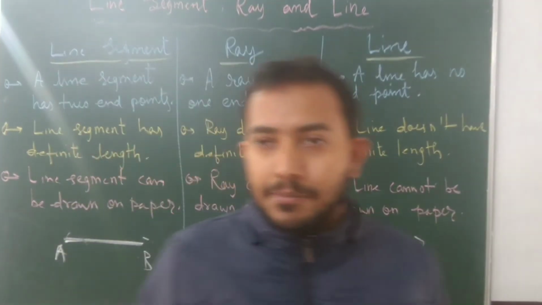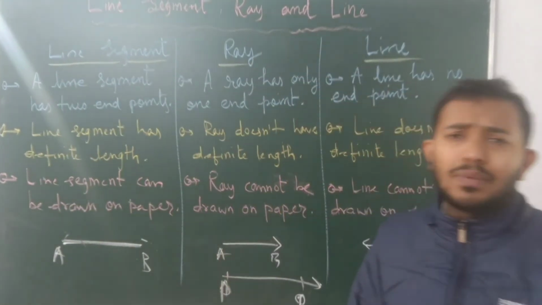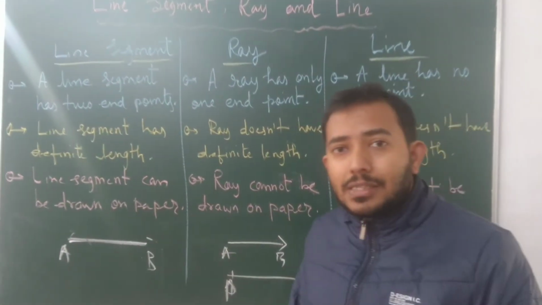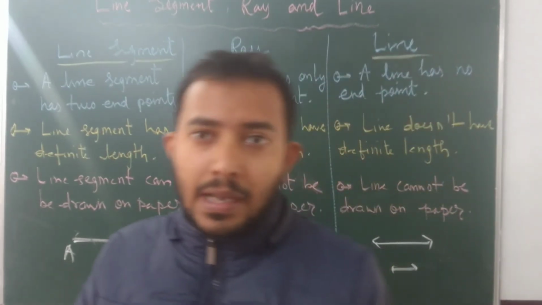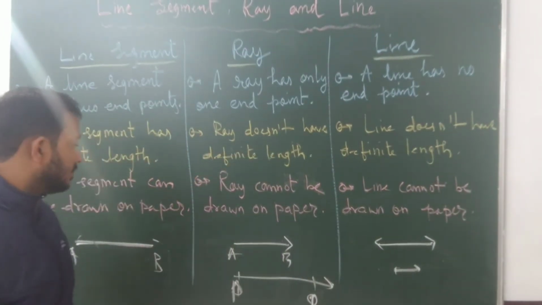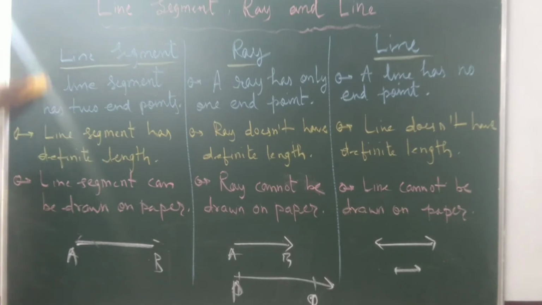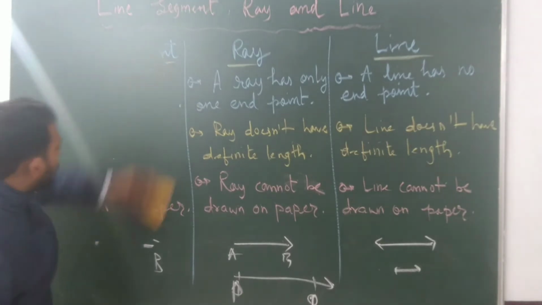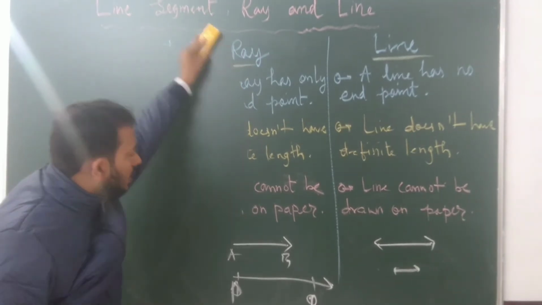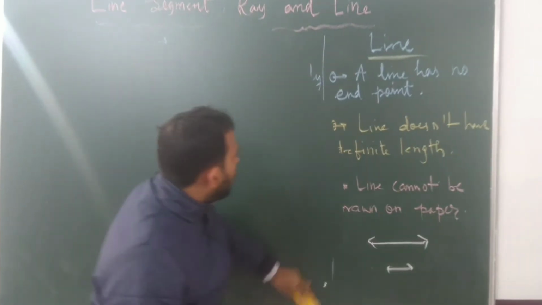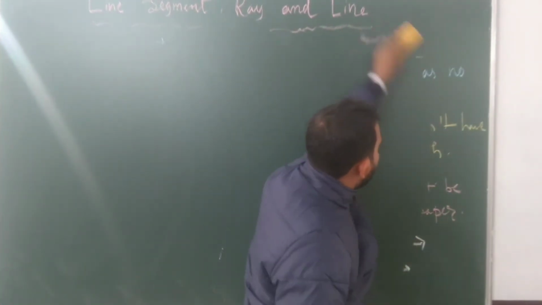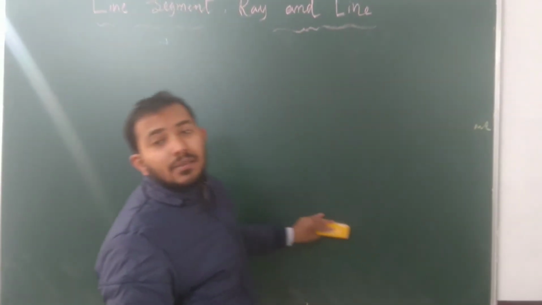You can see here. Now we'll enter into lines and we'll see two results. Let's see one by one. The first one, result one: from a point we can draw an infinite number of lines.